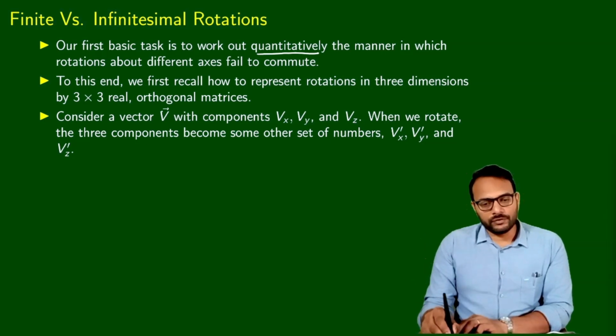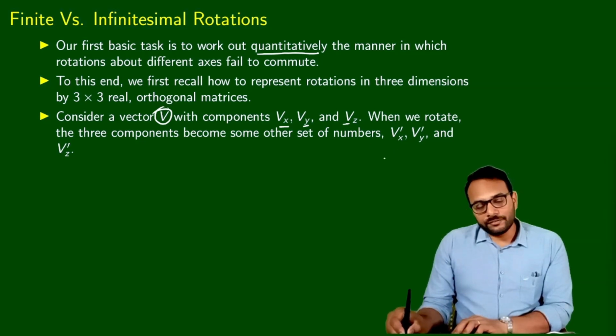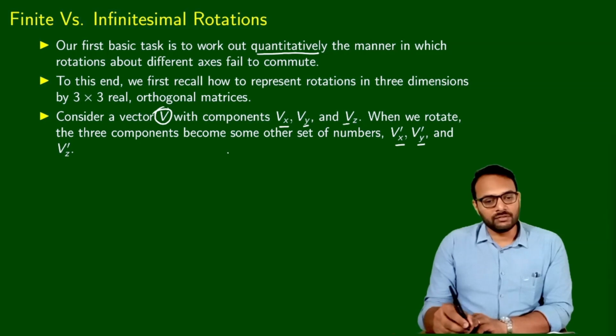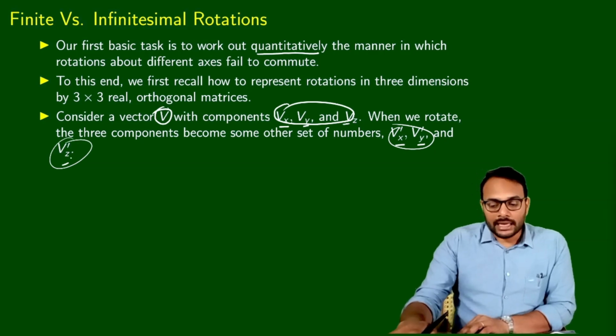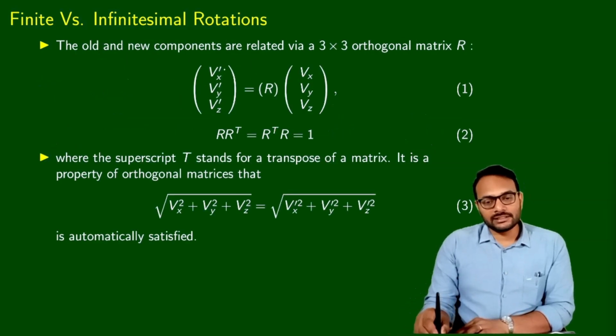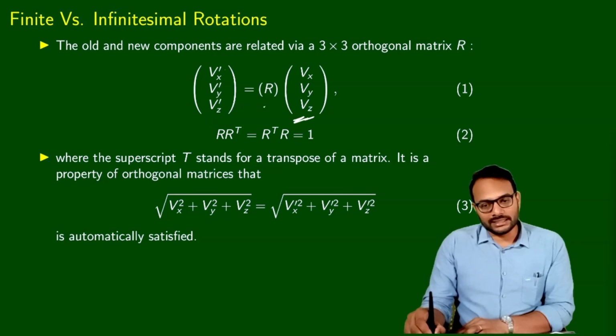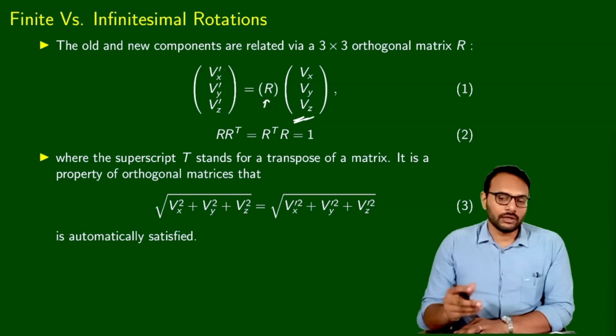For example, if you consider a vector v which has components vx, vy and vz, when you make a rotation, these components turn to a different set of numbers vx prime, vy prime and vz prime. These are the old components and these are the components after rotation. The old components and the new components are related via a rotation matrix.